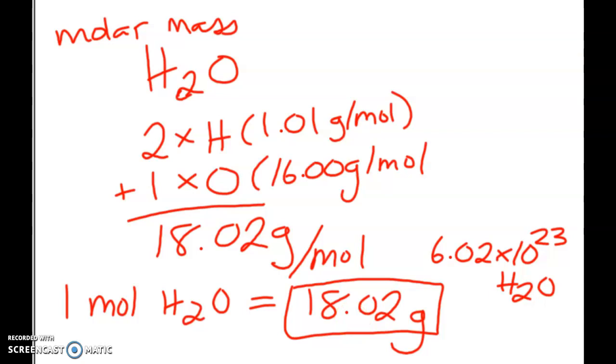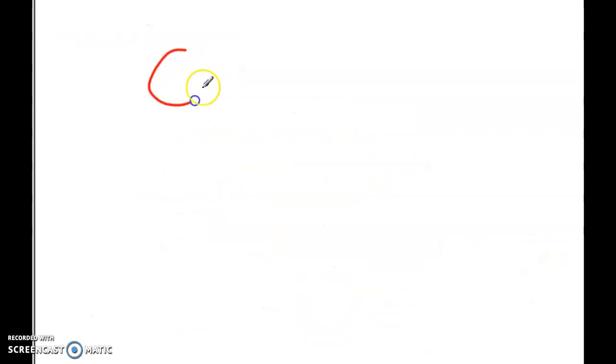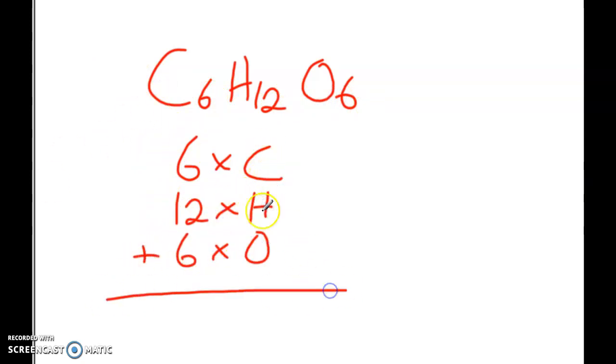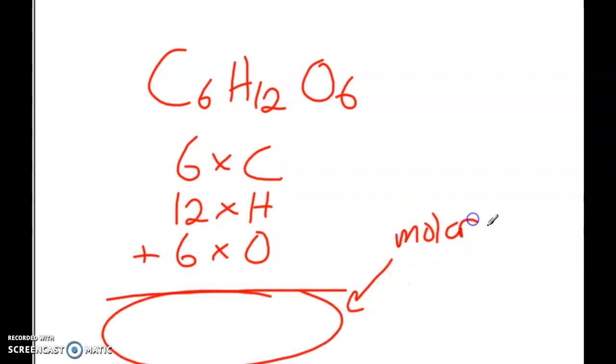You would do the same thing for any structure, let's say sugar. If I want the molar mass of sugar, I would do 6 times carbon, 12 times hydrogen, and 6 times oxygen, and add that all up. That would give me the molar mass of sugar.